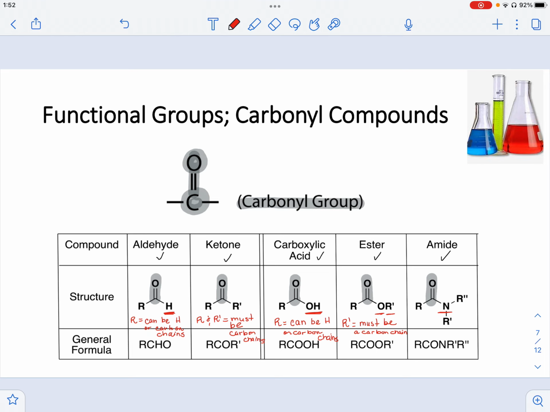Now, as you can see here, we have three R symbols: R prime, R double prime, and just R. In this case, understand that R prime or R double prime can be hydrogen or it can be carbon chains. The letter R by itself can be hydrogen or it can be carbon chains.